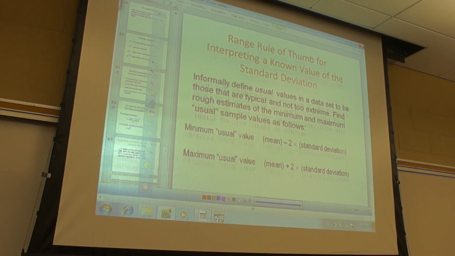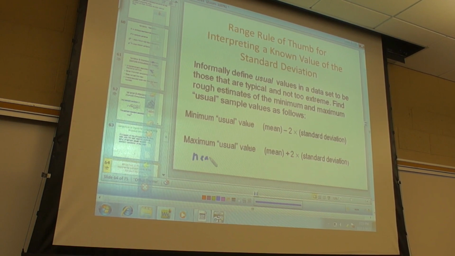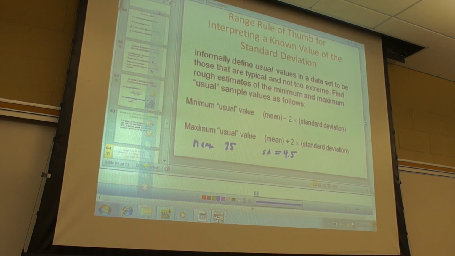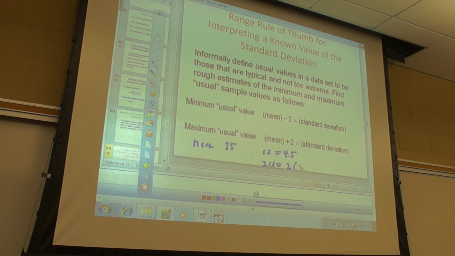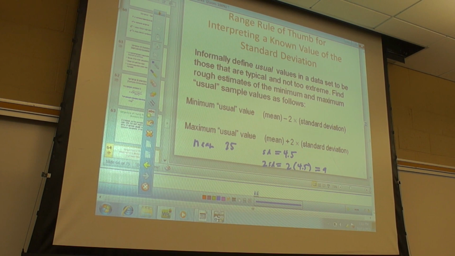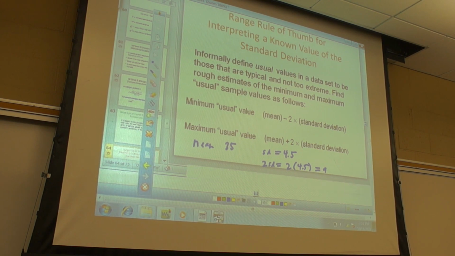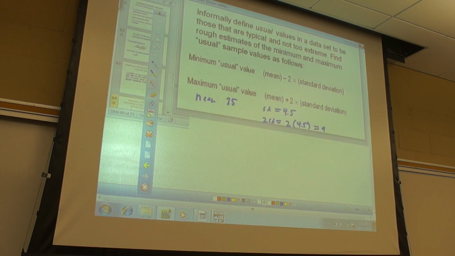Like I just did a second ago, our mean was 35, and our standard deviation was 4.5. You guys said. Yeah. So first, find 2 standard deviations. 2 times 4.5, that's 9. So I'm going to take 35 minus 9, so 26.